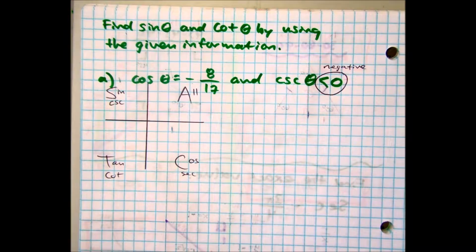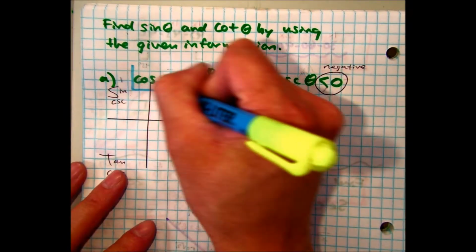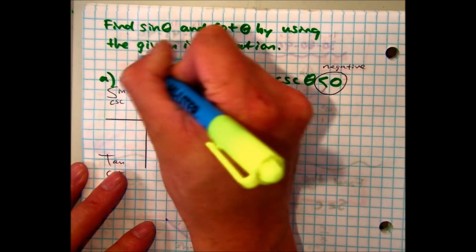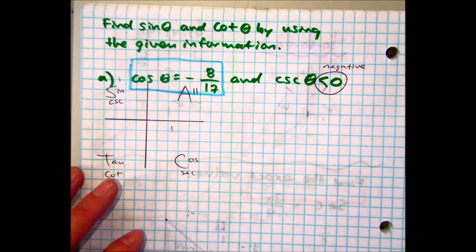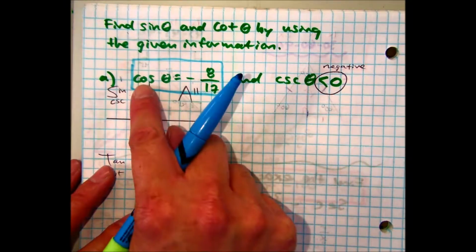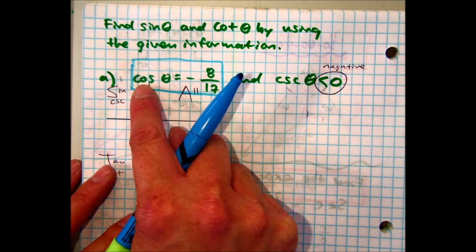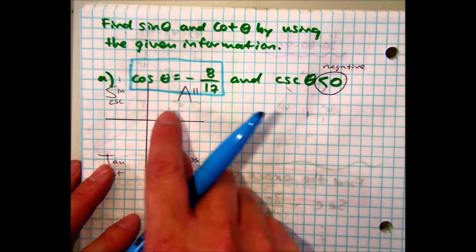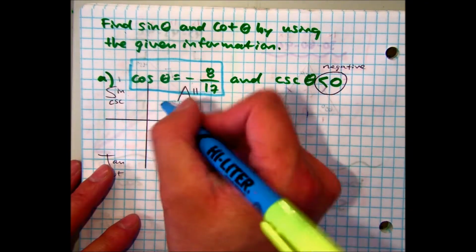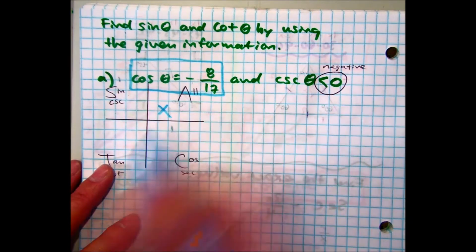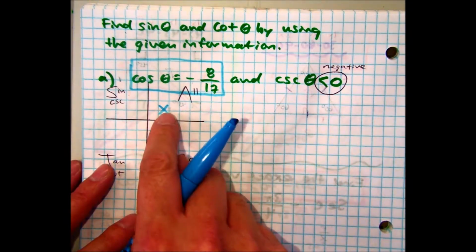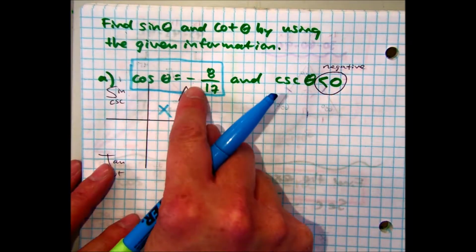Watch how I help myself think about which quadrant. Cosine is negative. I want to actually know where cosine is positive. Well, cosine is positive here in quadrant 1, so I'm putting in an X for no. What does this mean? No, it is not negative.